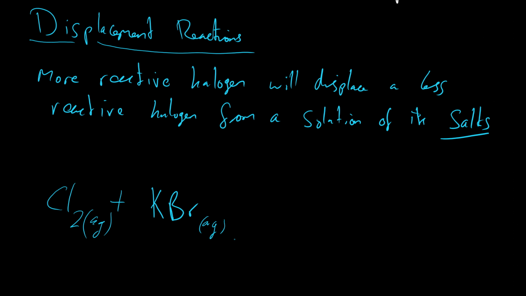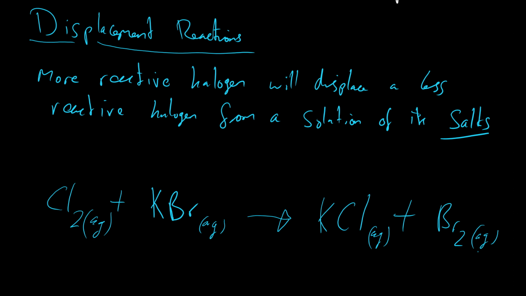Now chlorine is more reactive than bromine. We learnt that earlier in the video. And so it will displace bromine from its salt. And we will form potassium chloride. And we have displaced bromine, so we will have bromine on its own. So these are all still in solution. All of this has happened in solution. And so this is what we get.